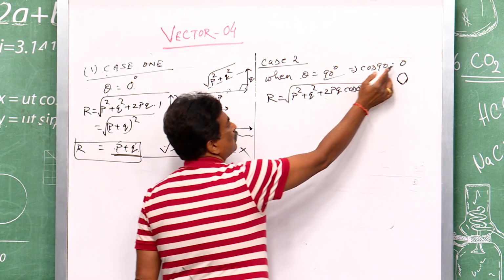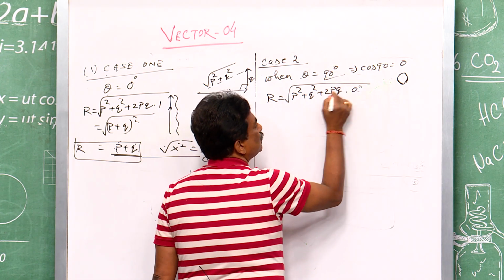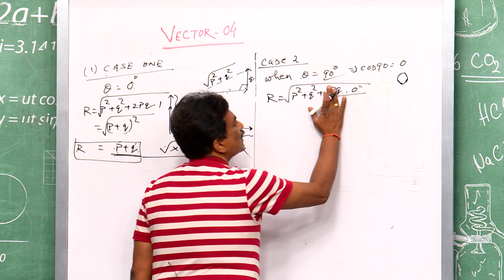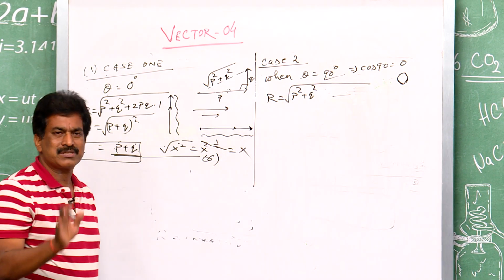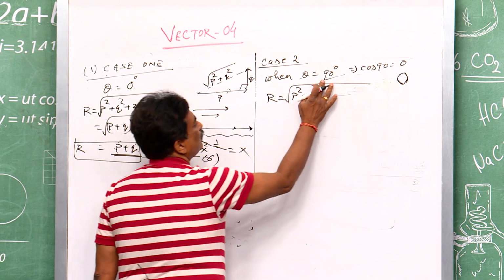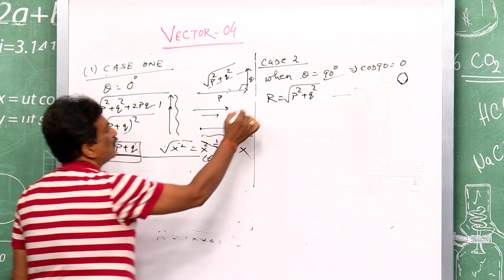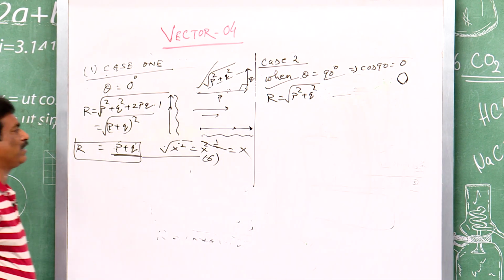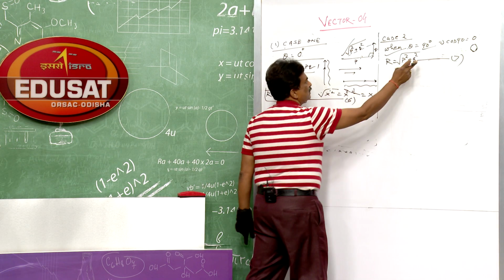So, cos 90 is equal to 0. So, here theta is 90, cos 90 is equal to 0. 2pq into 0 is equal to 0. When 0 is added with any quantity, the result will be the same quantity. So, that is equal to the square root of p square plus q square. So, this is the analytical method, this is the geometrical method, both are the same. So, this is equation 7.